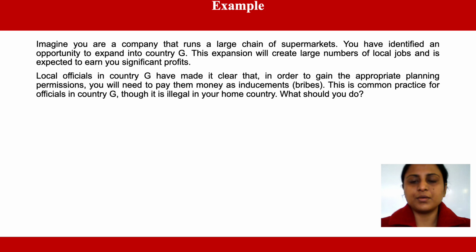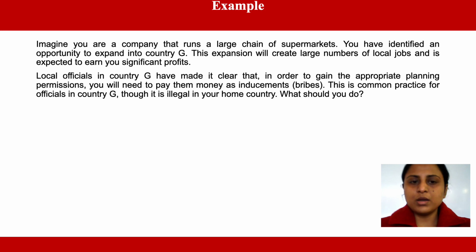Now what should you do? Let's try to find the answer under the different approaches to ethics that we just discussed. Under the consequentialist approach, your decision will depend on the consequences of paying the bribe. Here you can still justify paying the bribe as you will earn a significant profit from the venture.